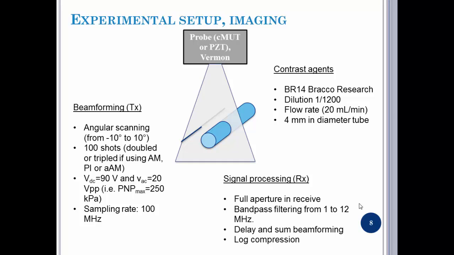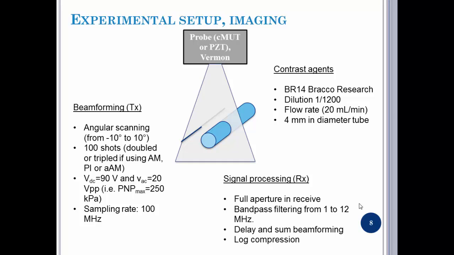Then I'm going to show some in vitro imaging with a homemade phantom, with a tube with contrast agent diluted inside and a wire that is supposed to be linear. I'm going to do some beamforming with an angular scanning from -10 to 10 degrees, with a bias voltage equal to 90% of the collapse voltage of the probe.